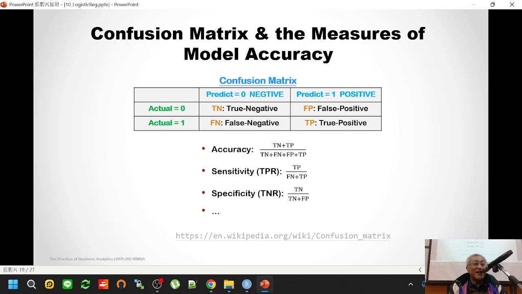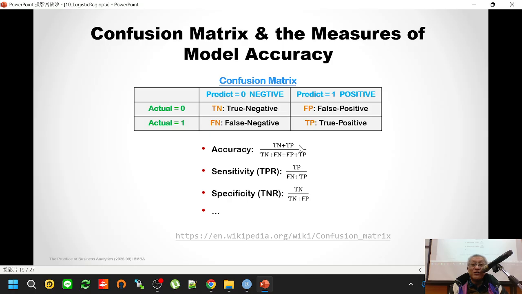Now, the second thing that we used to use is called sensibility. It's also called true positive ratio. As you can see, the denominator is FN plus TP, so it's actually this row, right?